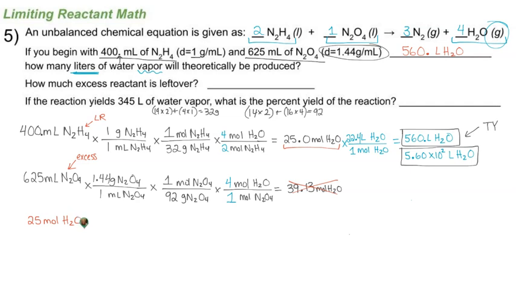H2O. It's actually 25.0. I'm not doing a very good job of keeping track of my sig figs here. 25.0. Alright, so we'll go from moles of H2O to moles of our excess reactant, N2O4.